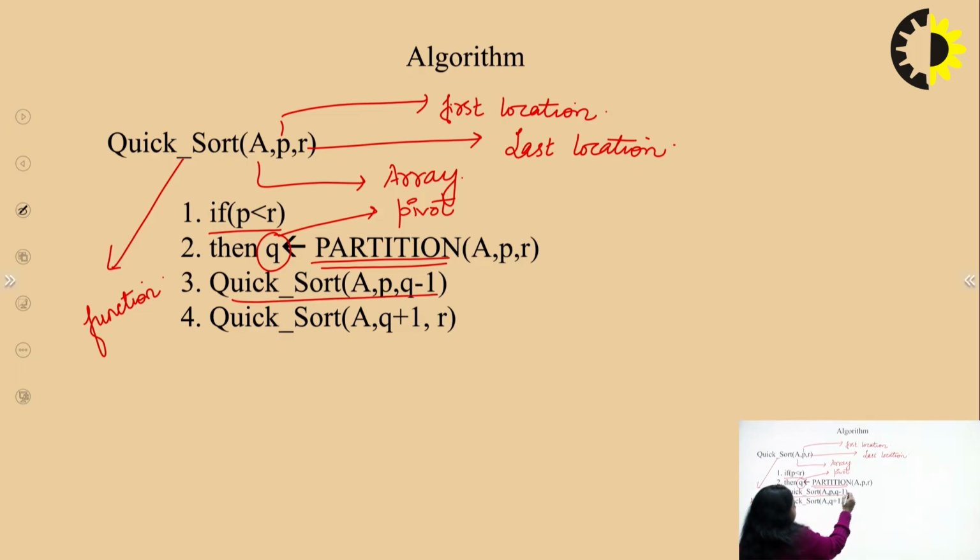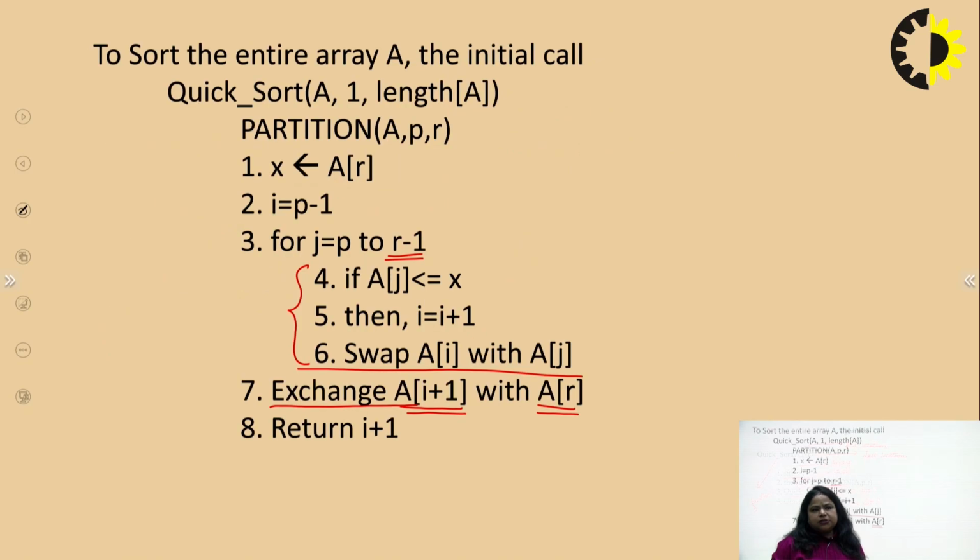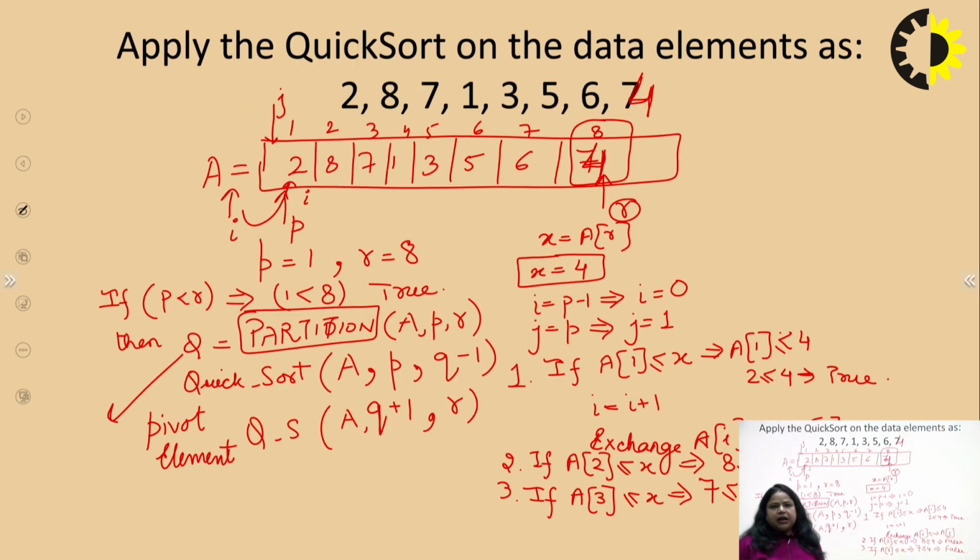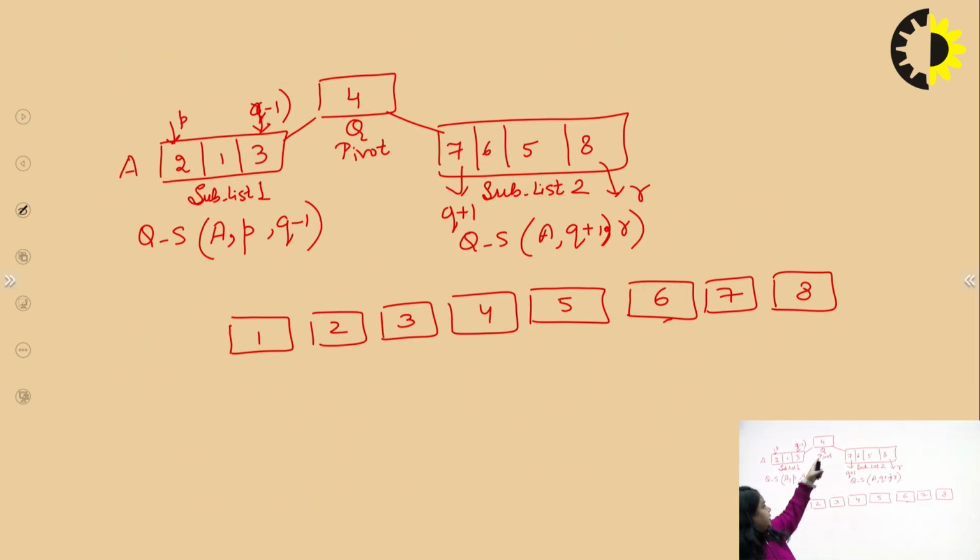On the basis of that, this is list 1, we have to apply quicksort, and this is list 2. On both we have to apply the partition. Now in the case of partition, what we need to do is consider the last element as the pivot element location, and on the basis of that we apply the code, and after applying that function, again and again we have to call the partition until we get the pivot position of the particular element.